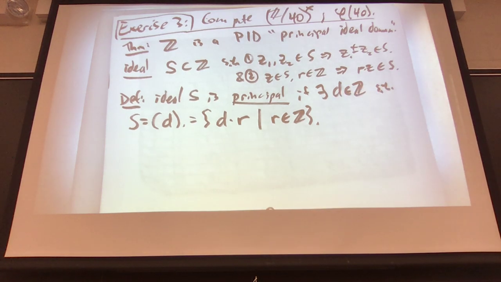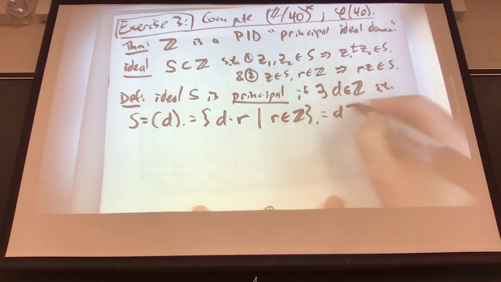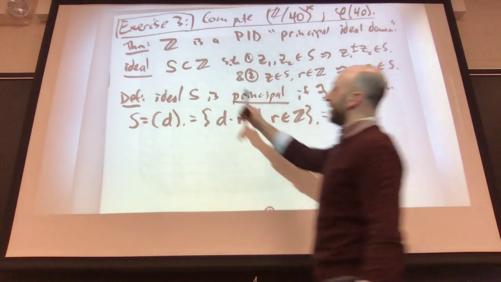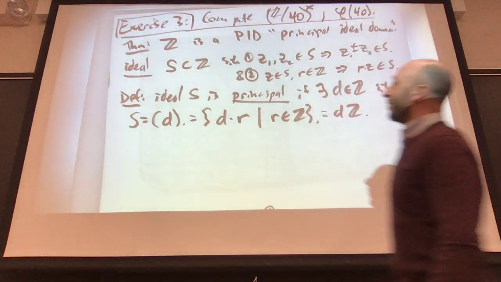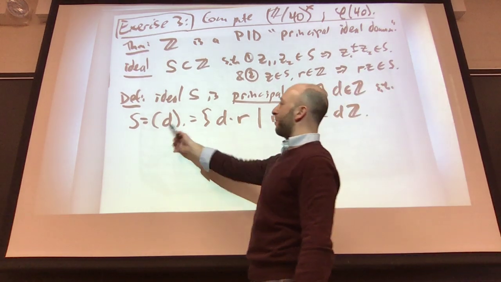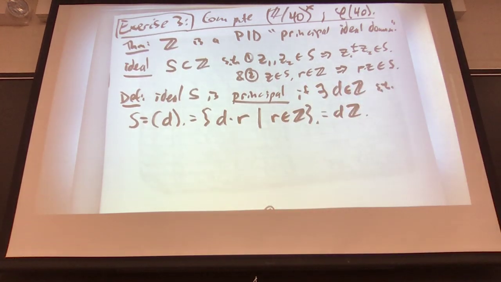So this is just D times Z. So the theorem is the ring Z is a principal ideal domain. The only ideals that we'll find are the ones that are generated by a single element. Weird?